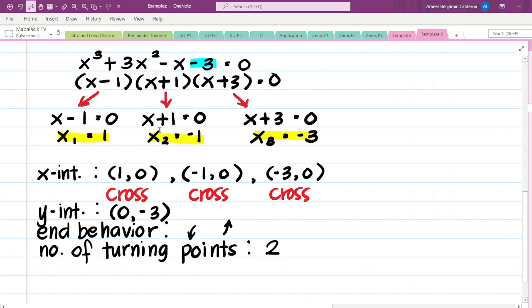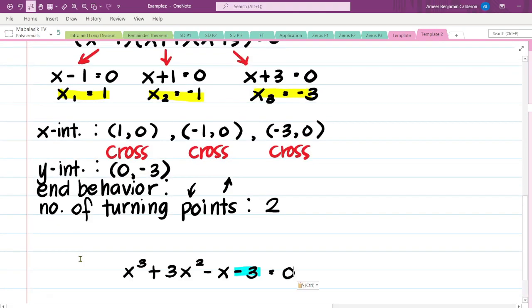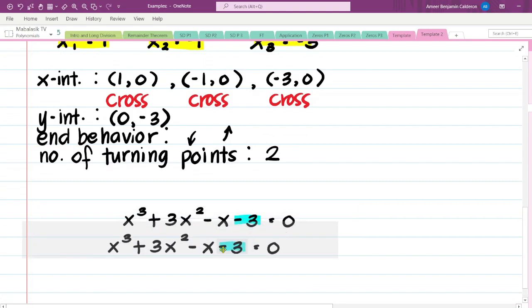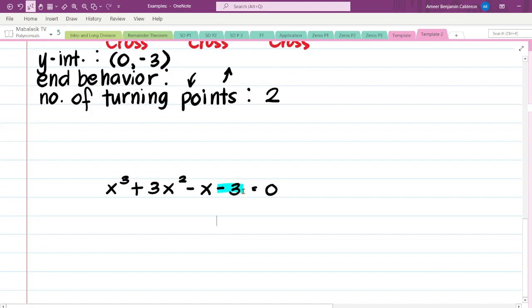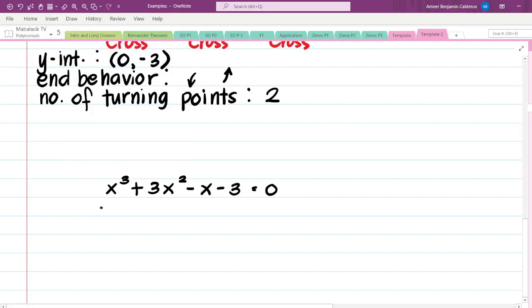What we want to do is to get our polynomial equation here. So I'll paste it here, and then, instead of x, I'll plug in negative 2. If we do that, we'll have negative 2 cubed plus 3 times negative 2 squared minus negative 2 minus 3 equals 0.